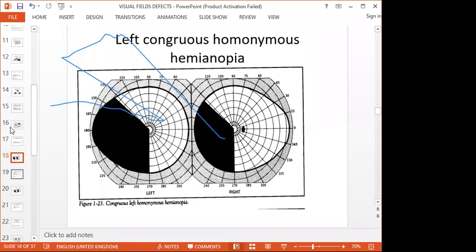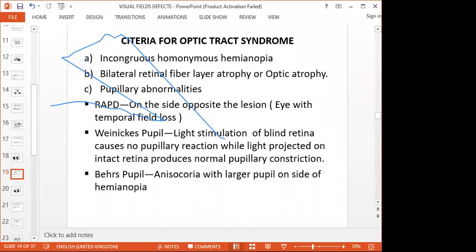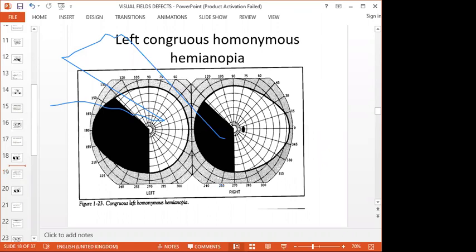Are we here? Next slide. Homonymous hemianopia means both the left side. And the visual fields look almost the same, but they're in two different eyes.